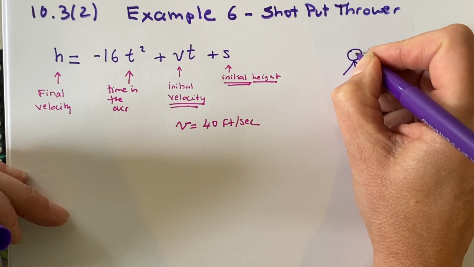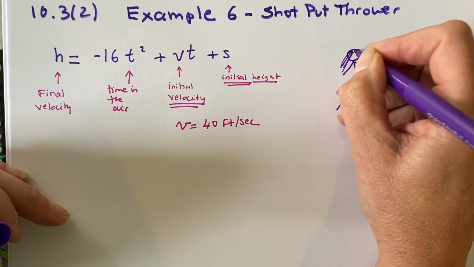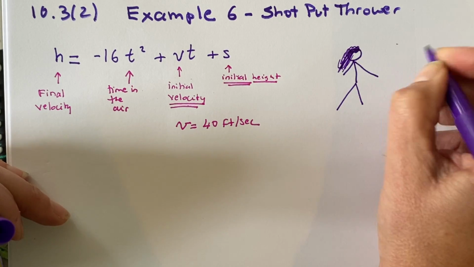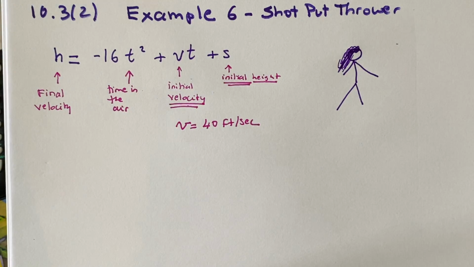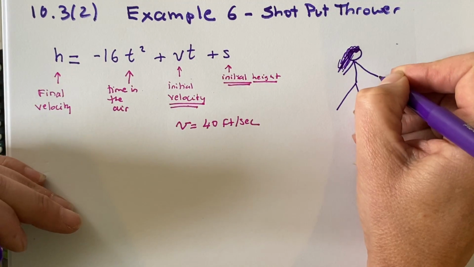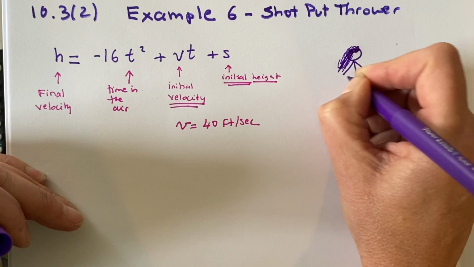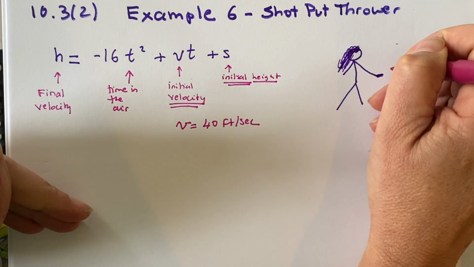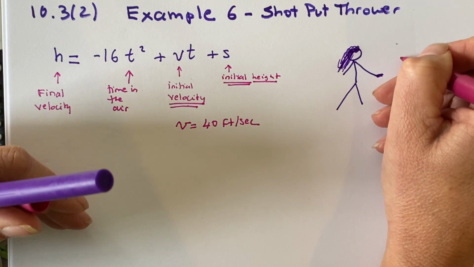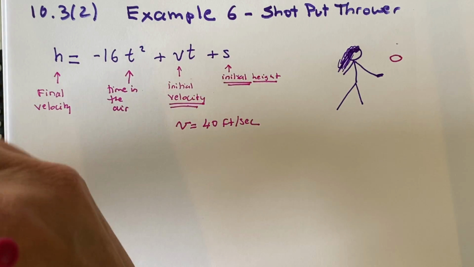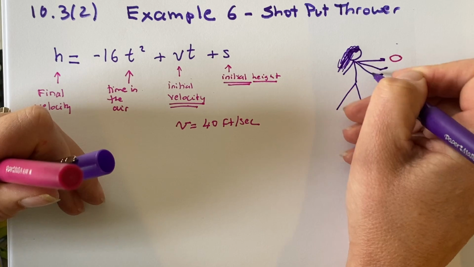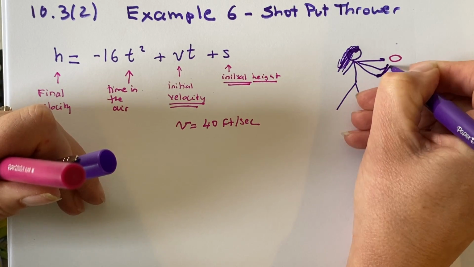Here's my discus thrower. She's a girl. When she lets go of the discus, and again, the book does a much better job than I do, it leaves her hand up here. I should try to be fancy and show her hand as it arcs upward.